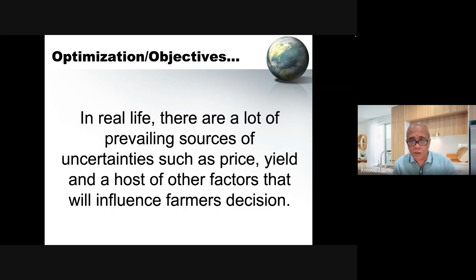It is of course biological in nature, as we have said earlier. Agricultural production is biological in nature, subject to climatic variabilities, and so on. And some of these uncertainties are price. You cannot be sure about the price because we don't have control of price. It's the market. It's a given phenomenon in the market. Okay, yield. You cannot control.